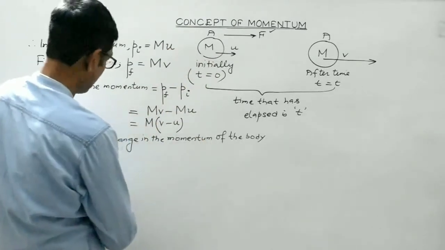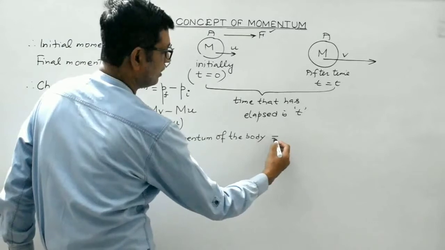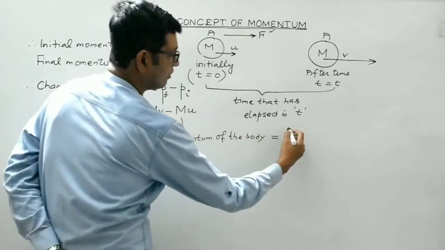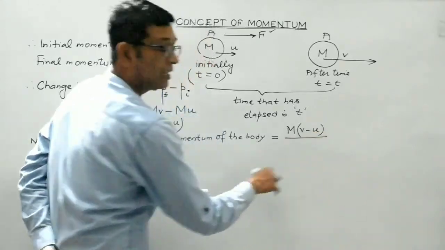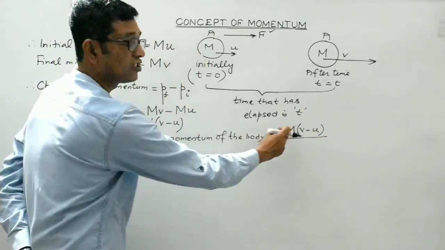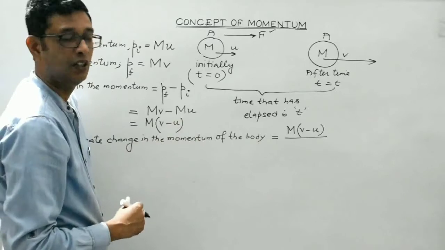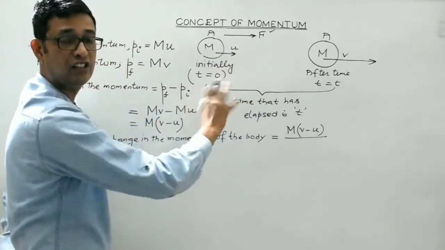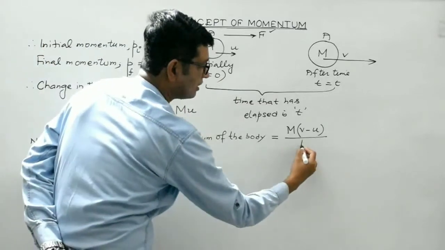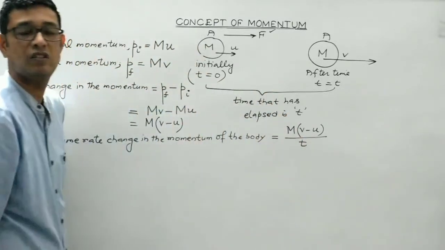So, time rate change in the momentum of the body would be the change in the momentum of the body, which is m(v minus u), divided by the time during which this change has taken place. So, what is the time that has elapsed for the change in the momentum to take place? That is t. t is the time that has elapsed.